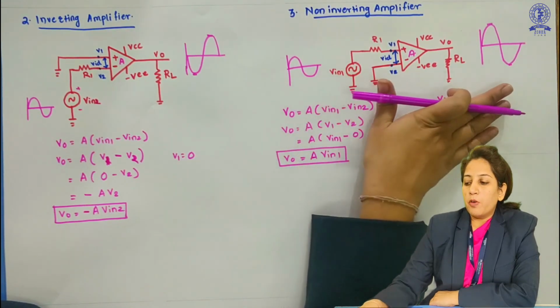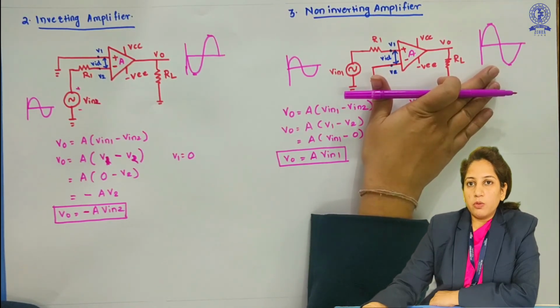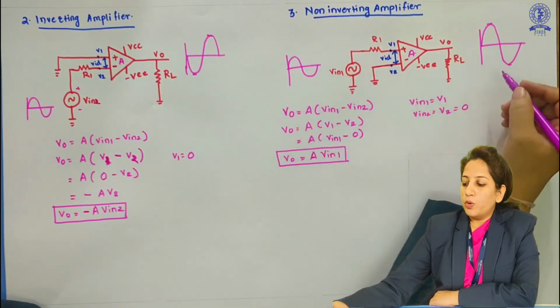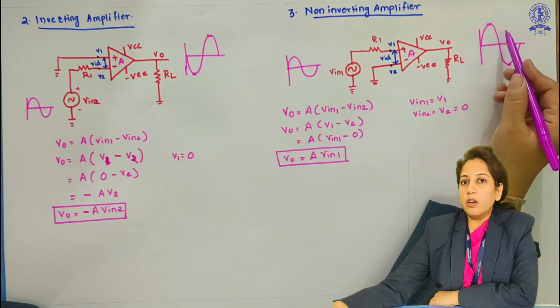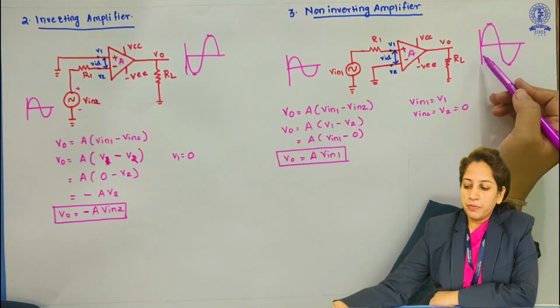We may rarely get output in a sine wave, because the gain is very high, so the output will always get clipped off, meaning our peaks will get clipped off, and we will get almost a square wave at our output side.